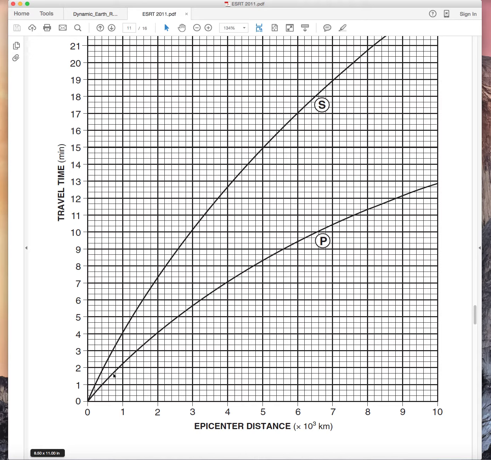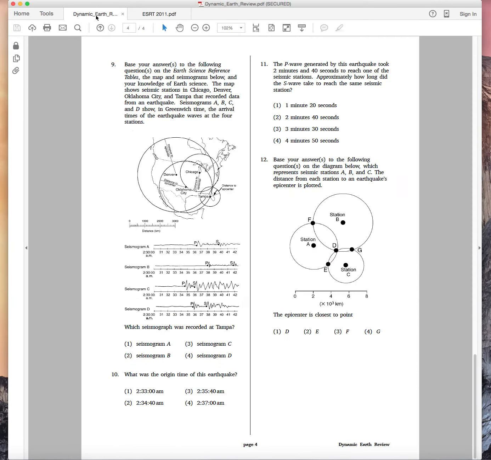Okay, so if I take my 2:34:40 and I subtract 1 minute and 50 seconds, do my time math, my 34s cancel out to a 33. I add 60 to my 40, which comes out to 100 seconds.